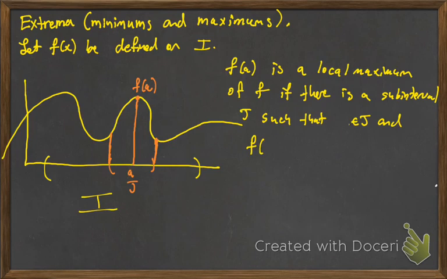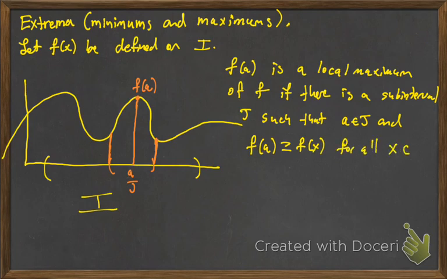All right, let's go again. f(a) is a local maximum of f if there is a subinterval j such that also a needs to be in j, and f(a) is greater than or equal to f(x) for all x in j.